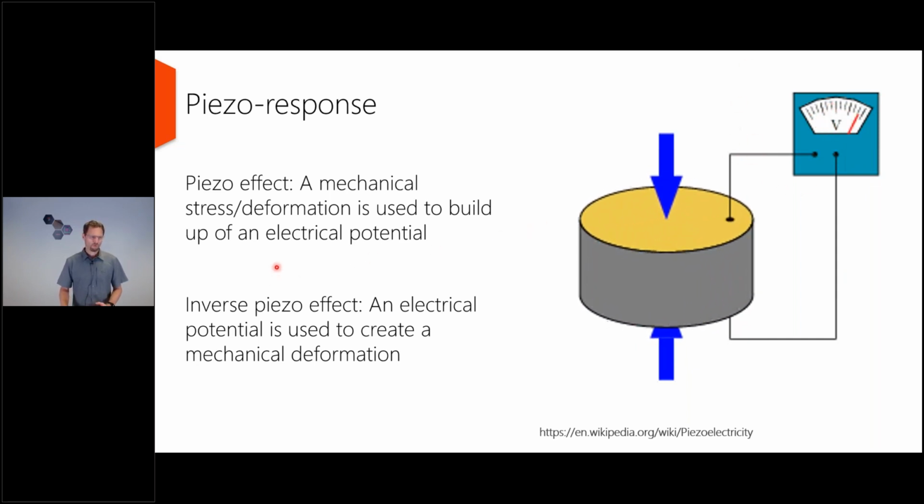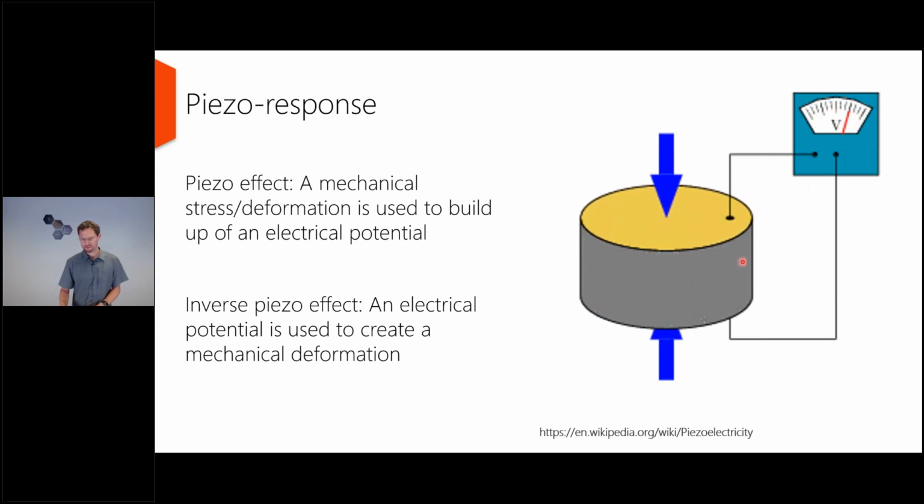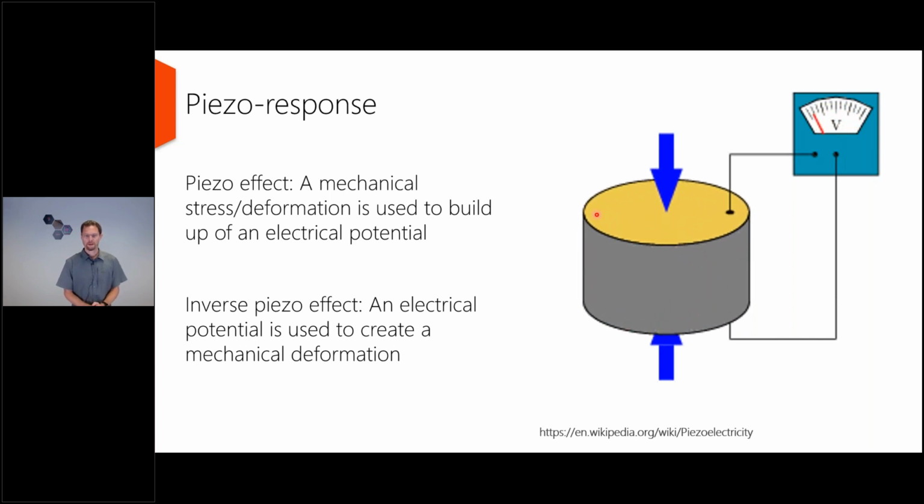And more relevant for the topic today is actually the inverse piezo effect. That is, if you apply an electrical voltage, you will see a mechanical change of the sample. The sample is either extending or shrinking or moving, and this is something we can nicely measure with the AFM.